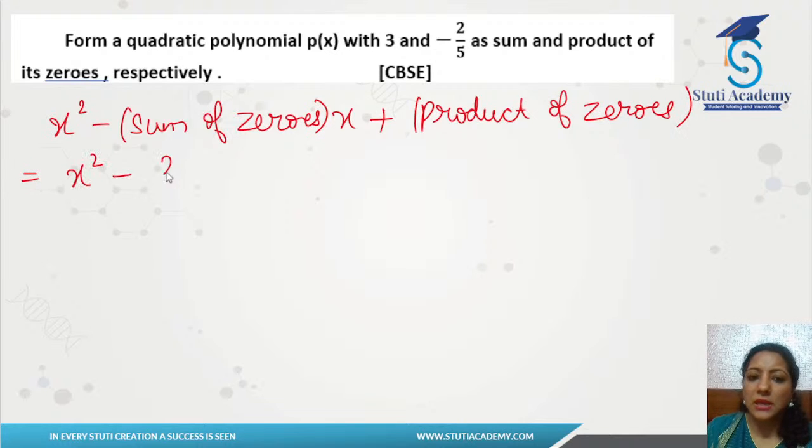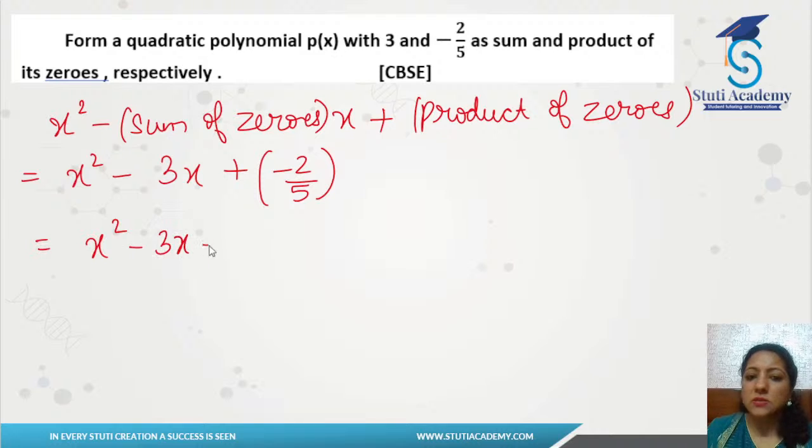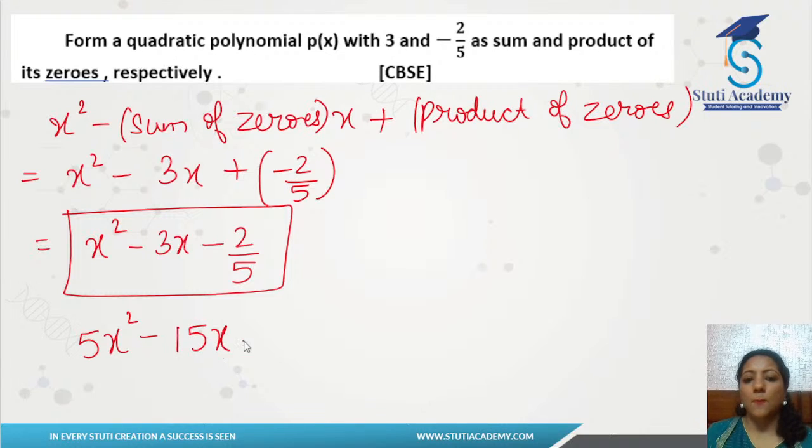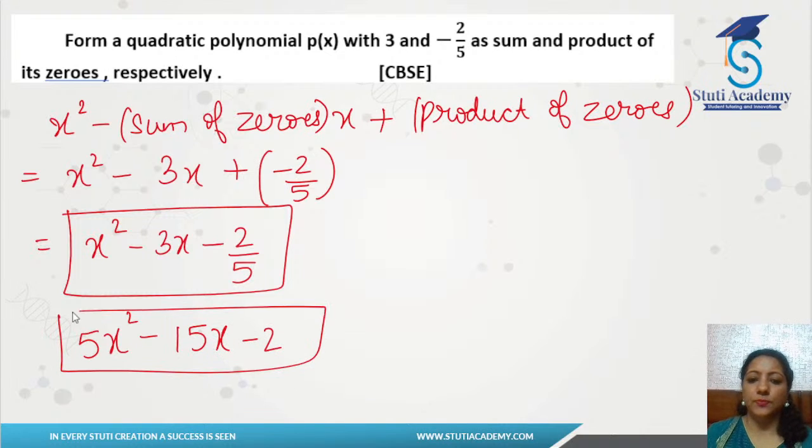That's x square minus 3x plus the product of zeros, that is plus of minus 2 by 5. So we can write this as x square minus 3x minus 2 by 5. This is the required polynomial. You can also take the LCM and you can write this as 5x square minus 15x minus 2. You can write like this also. They both represent the same thing.